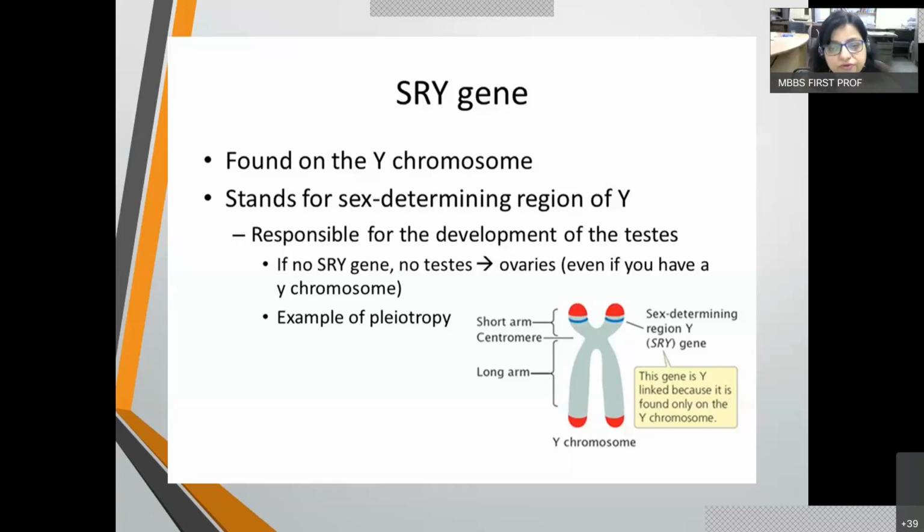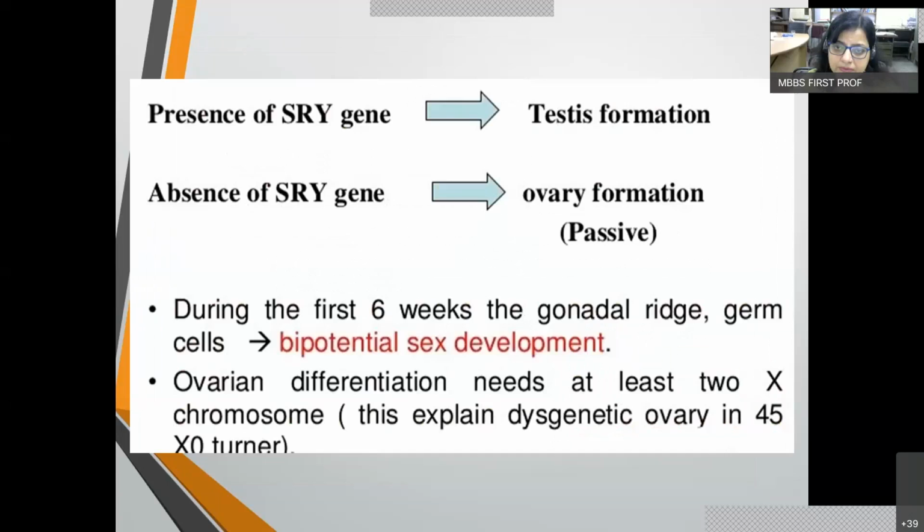That is development of ovaries and external genitalia in females. Fine? Is it clear? So the presence of SRY gene leads to testis formation, and the absence of SRY gene leads to ovary formation. This is a passive development, means absence of SRY gene is the one that is leading to the formation of the female reproductive system. Okay.